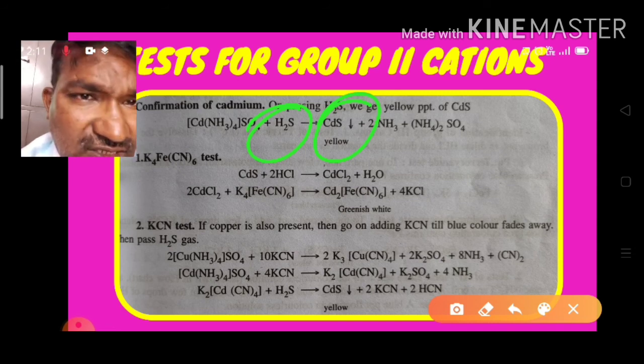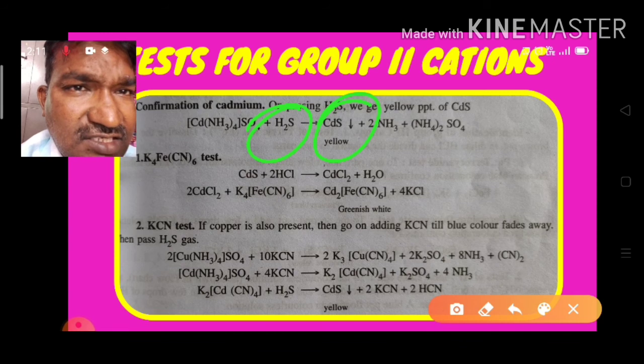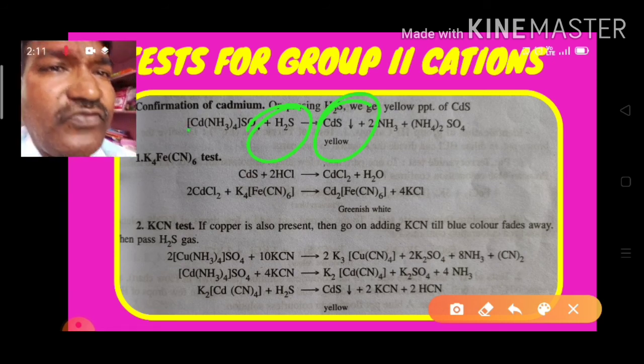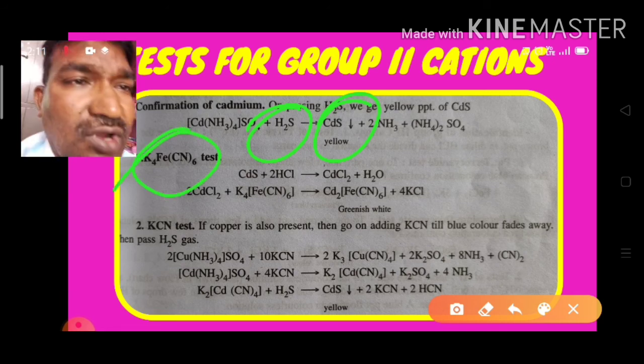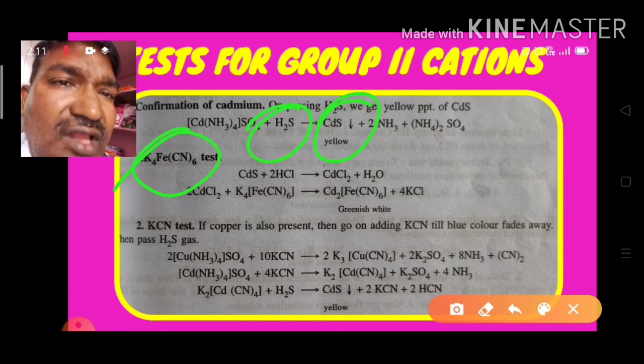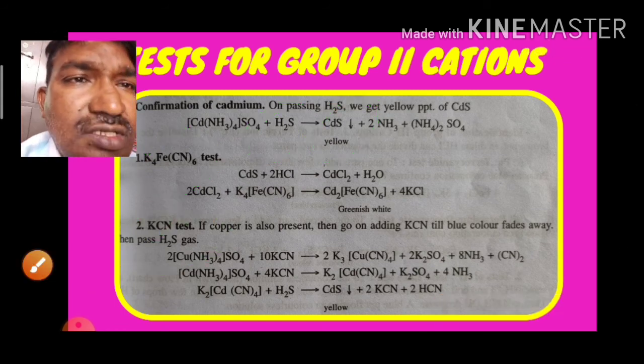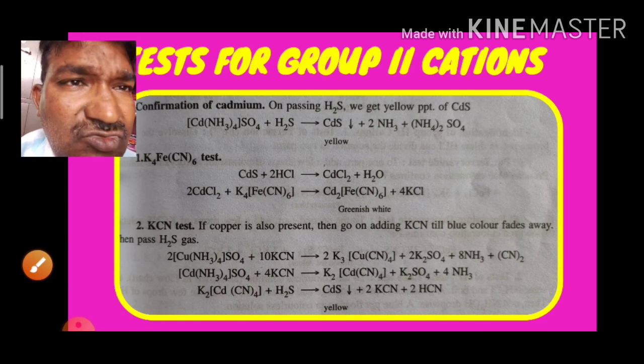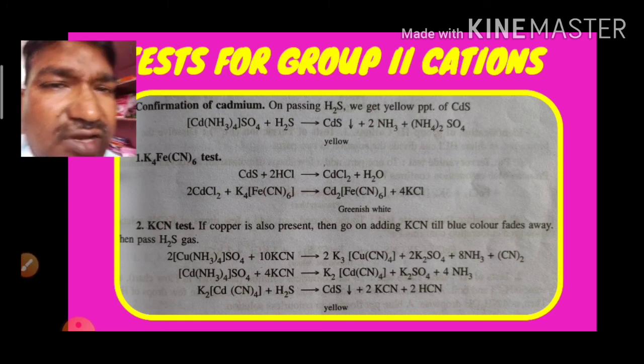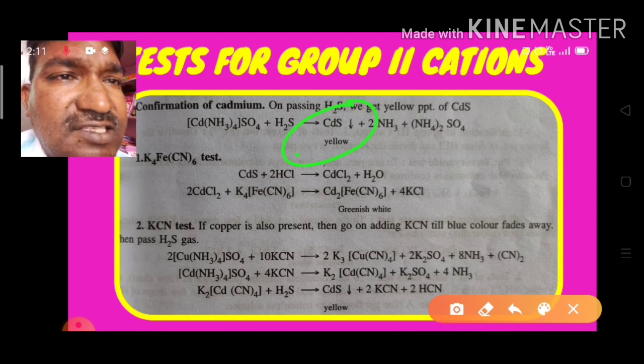One more test is there for the cadmium ions, that is the potassium ferrocyanide test, and the other one is the potassium cyanide test. To this yellow color precipitate we have to add HCl.